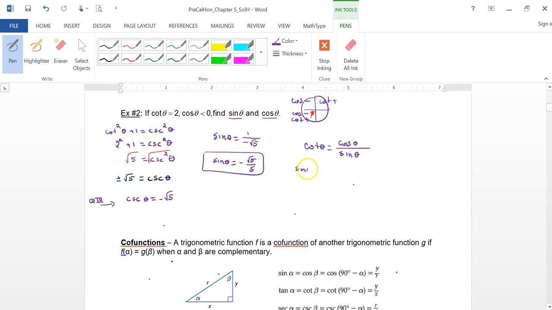So sine theta times cotangent theta is cosine theta. So what's cosine theta? Negative root 5 over 5 times 2, negative 2 root 5 over 5. Okay? Makes sense?